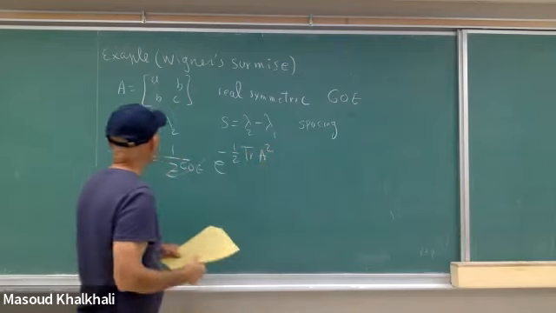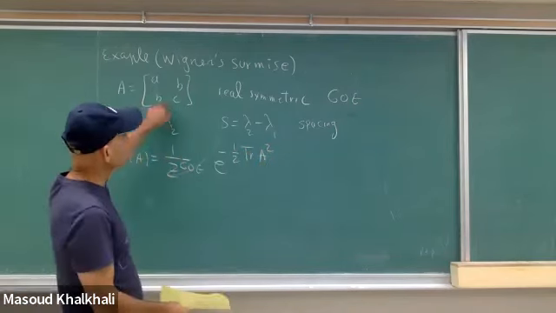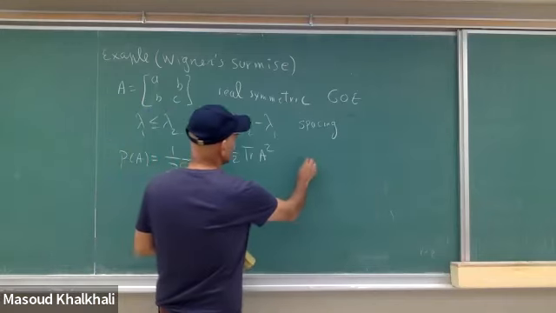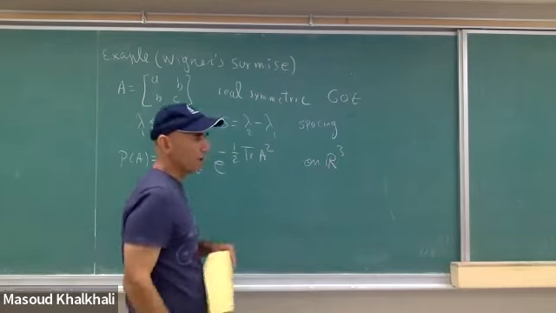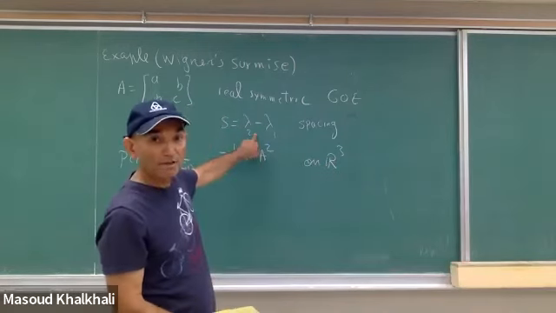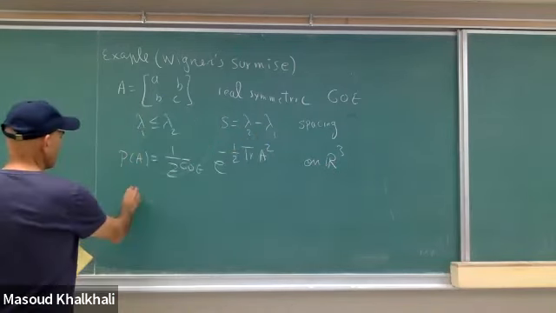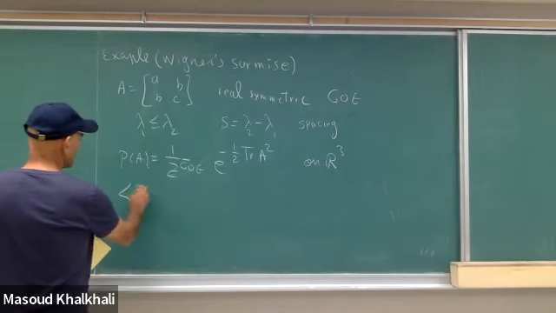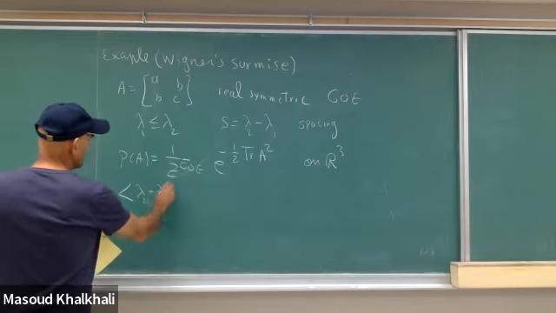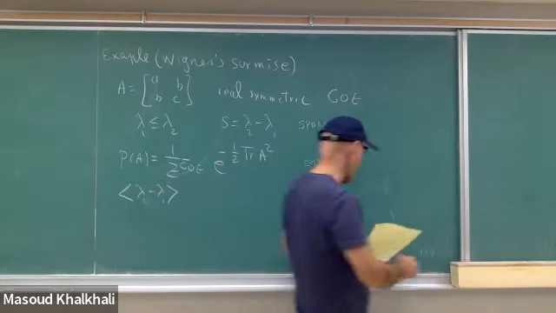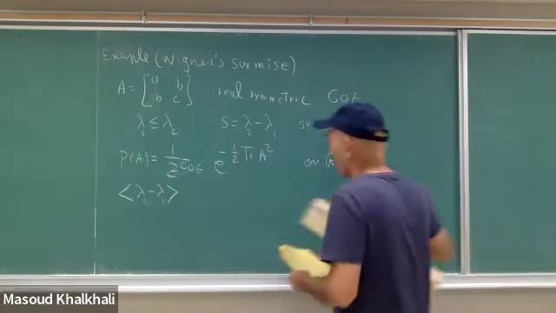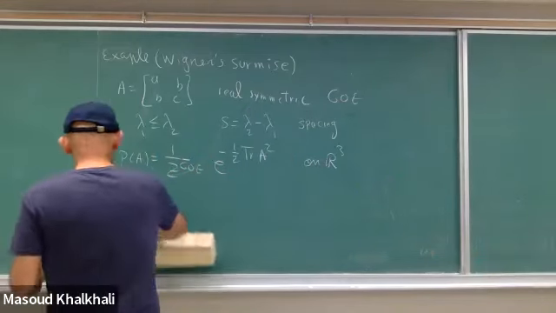Now this space is 3-dimensional, so you have this probability measure on R3. You might want to find the expectation value of λ2 minus λ1, but in this case I don't want to know the expectation value. As I said, I want to know the probability distribution of this.